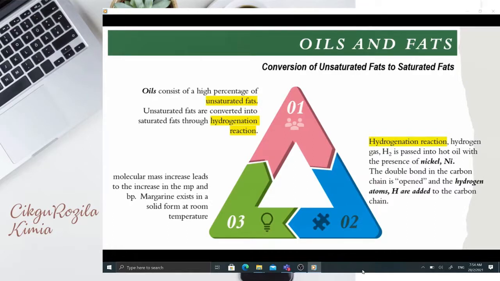Okay, so oils tadi telah disolidifikan when hydrogenation reaction occurs, bila kita tambahkan hydrogen atom into the double covalent bond, menjadikan dia punya molecular mass increases. Bila molecular mass increases, melting and boiling point juga akan meningkat. Okay, so pentingnya kita belajar dalam oils and fats ni ialah industri penghasilan margarine.